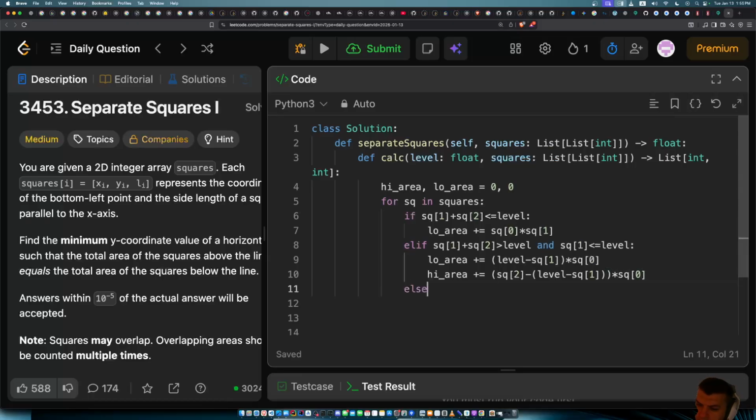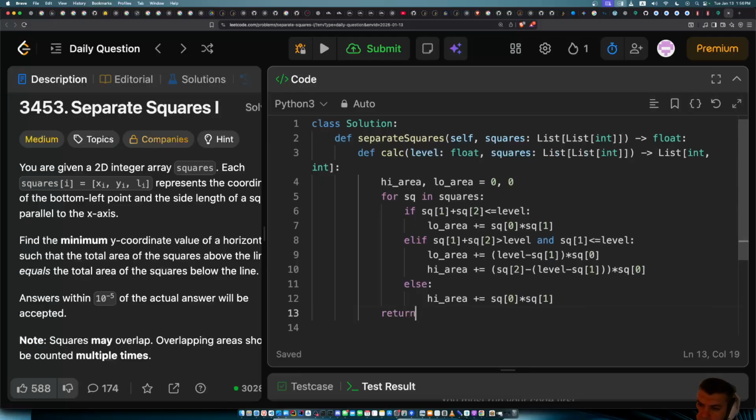And then else, in the case only high area should be updated. So it's going to be high area plus equal square 0 multiplied by square 1. And then in the end I'm gonna return high area, low area.